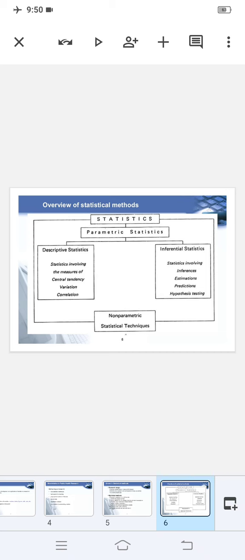When we are involving inferences, estimations, predictions, hypothesis testing. We don't have particular data for that, but we are assuming. So when there are assumptions, that statistical parameter is known as inferential statistics.